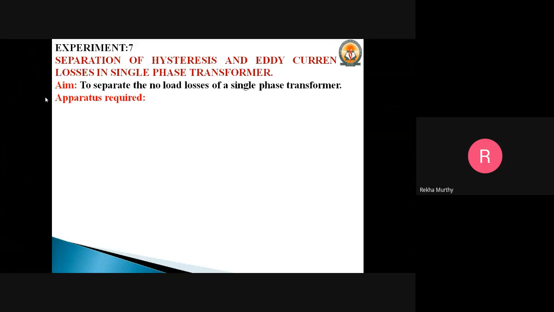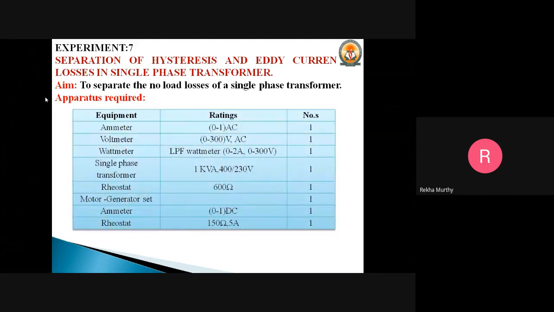The armature terminal A is connected to the armature of the motor. So the setup looks like a DC shunt motor type. That is a component we require.